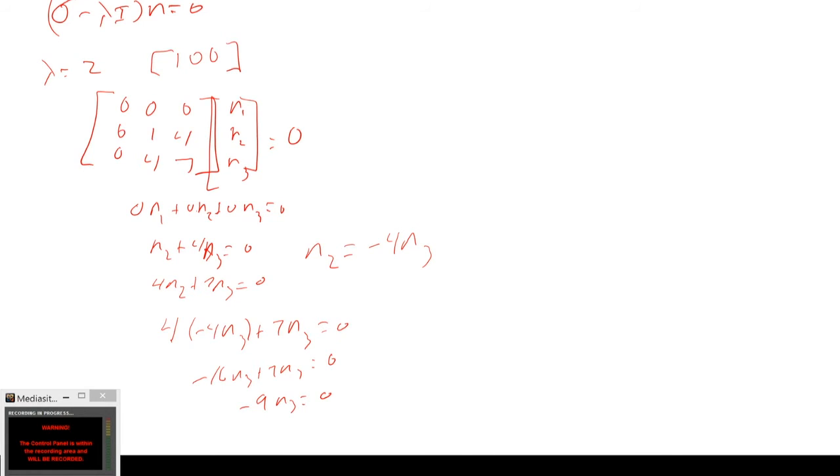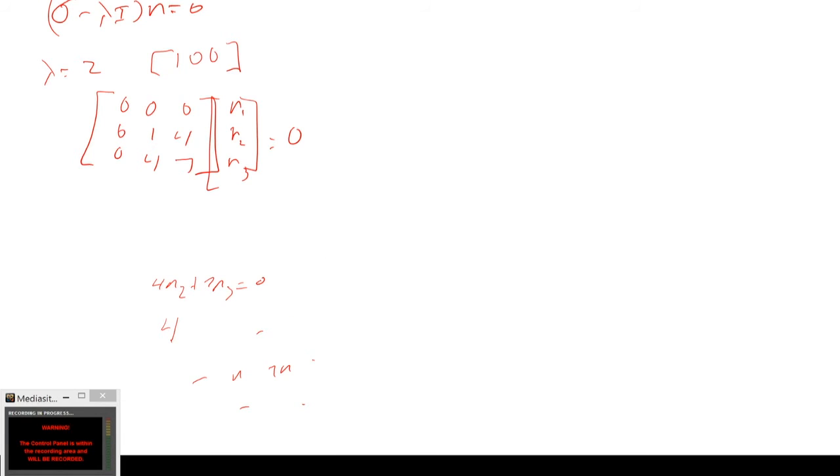Okay, what about, let me erase all this here. What about our other eigenvectors? So for lambda equals 1, what do we have here?